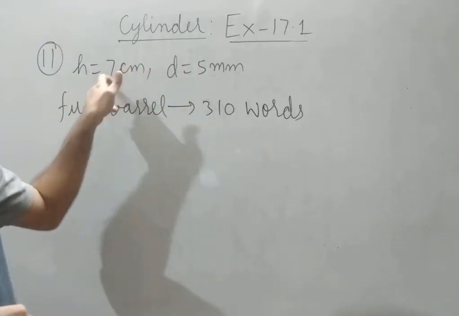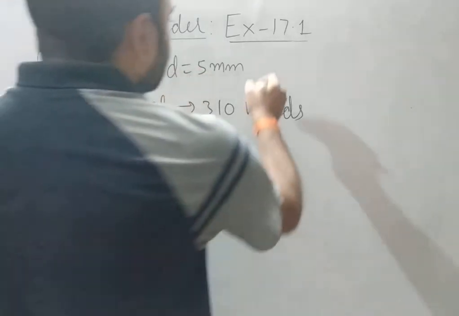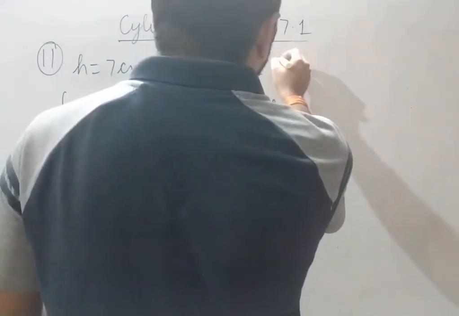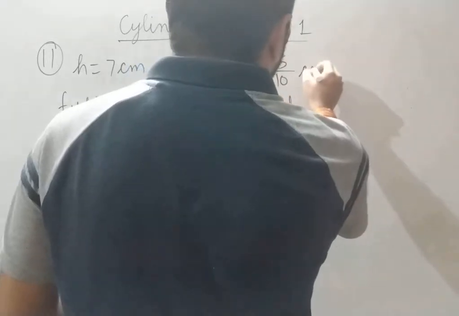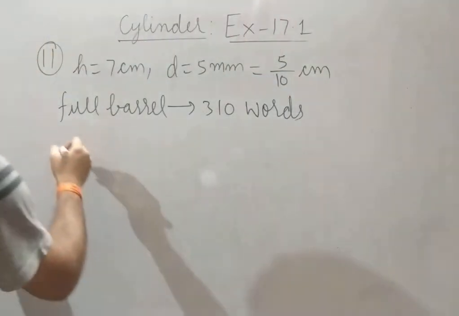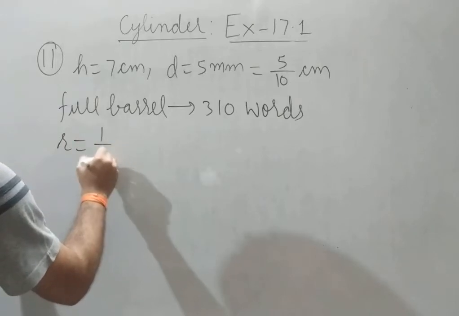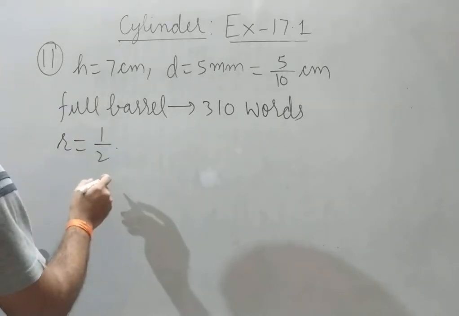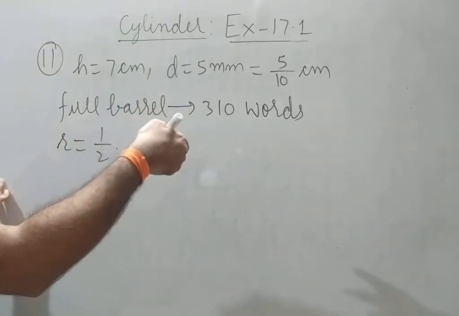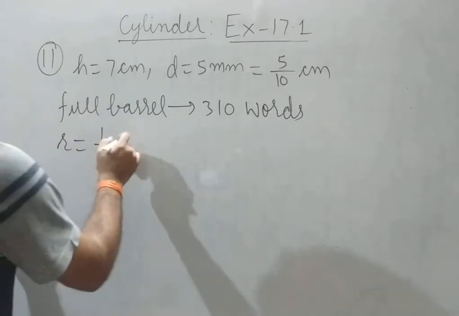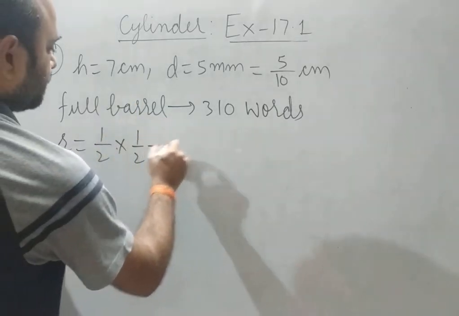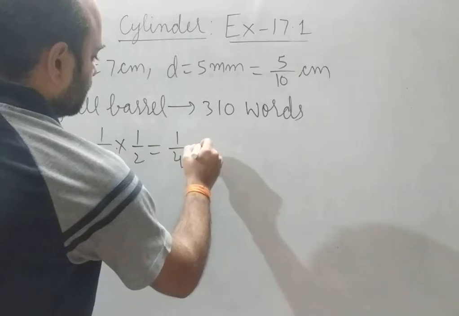Before that, unit must be same. If you will convert this in centimeter, this will be 5 by 10 centimeter. So radius will be, sorry, 5 millimeter diameter, 5 by 10 centimeter. It means radius will be 1 by 4 centimeter.